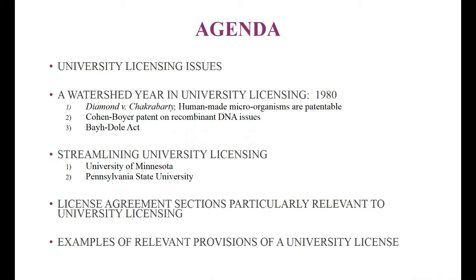And we'll talk about the University of Minnesota and also Pennsylvania State University. And then we'll talk about license agreement sections that are particularly relevant to university licensing. And then we'll finish up with some examples of relative provisions of a university license.